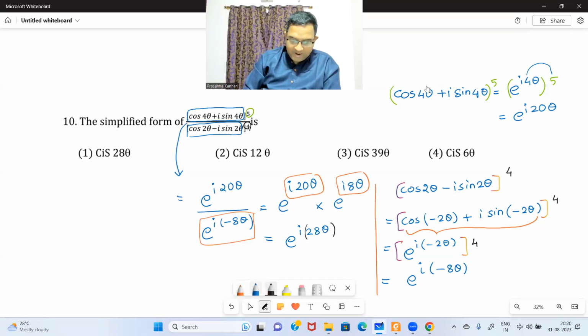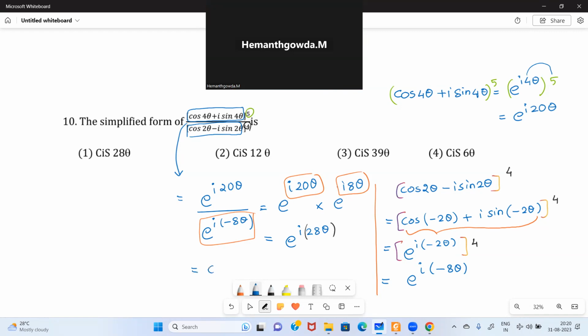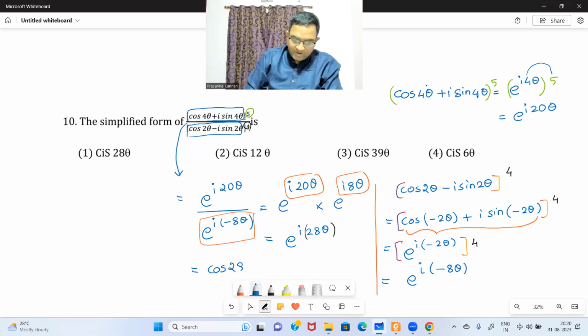So how can you write e power I 28 theta in terms of cos and sine? Cos 28 theta plus I sin 28 theta. Very good, Hemant. I already told you cos theta plus I sine theta can be written in the short form as cis theta.